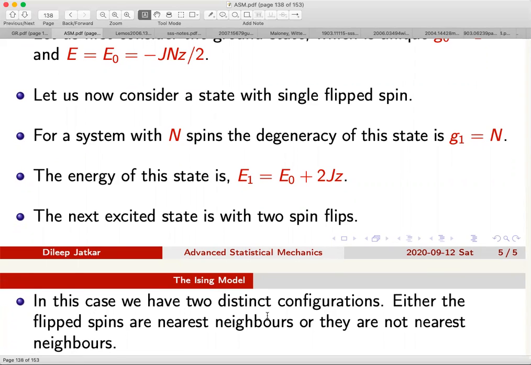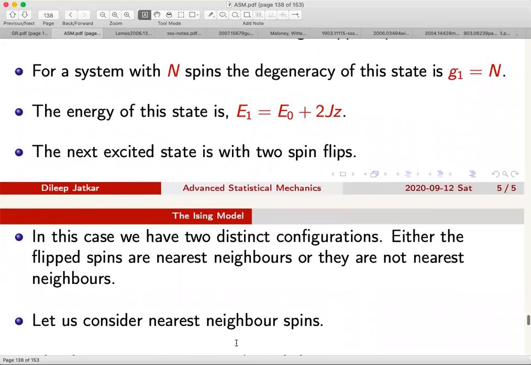Since our model contains only nearest neighbor interaction, if they are not nearest neighbors, that is good enough for us. Then they can be arbitrarily far away. It is the same as them not being nearest neighbors. That's why it really corresponds to 2 distinct configurations. Either they are nearest neighbors or they are not.